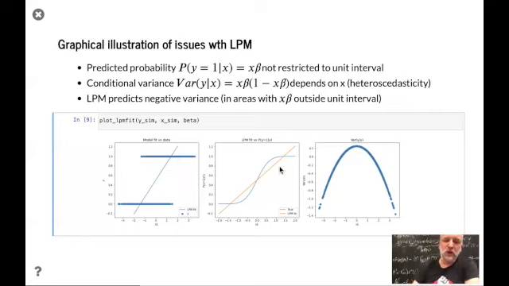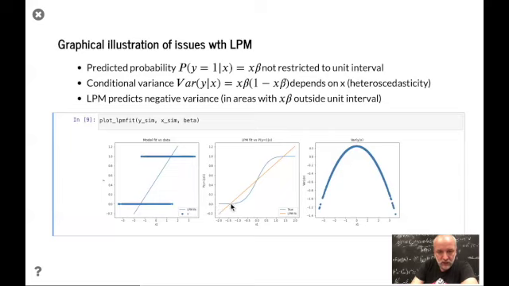Now, what do I plot here? What I plot here is the estimated coefficient times x1. So basically the predicted value x beta, our estimated model for the probability. You see it's linear. This is why it's called the linear probability model. Okay, and you can also see here that it is predicting probabilities that are negative.